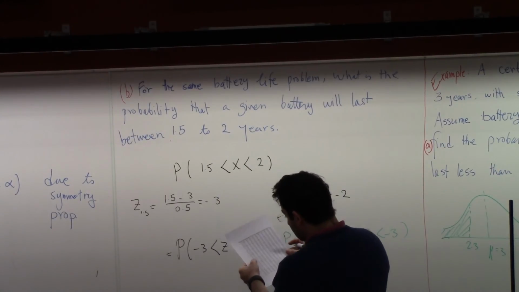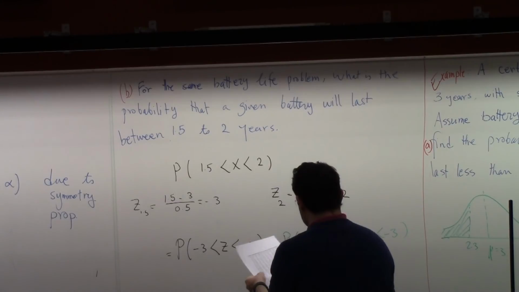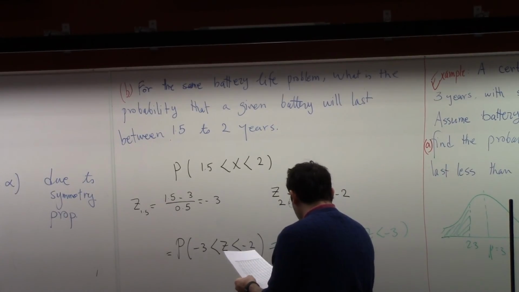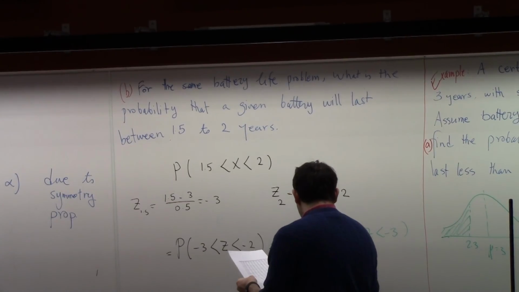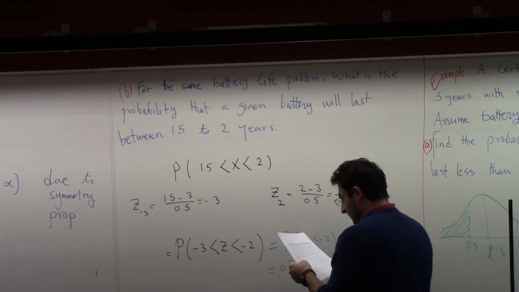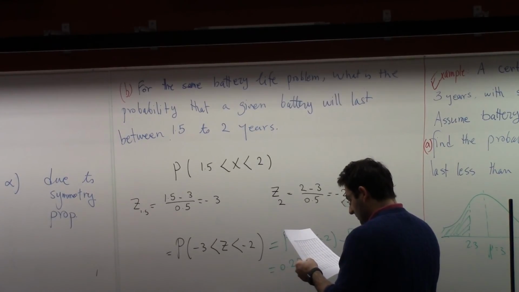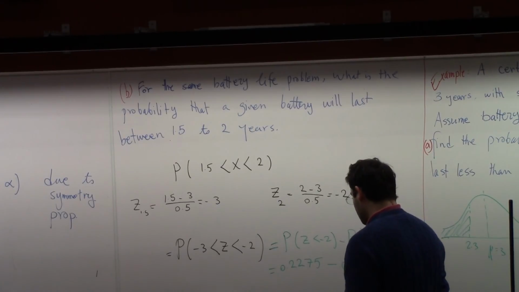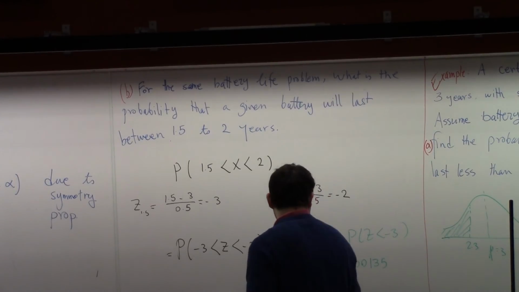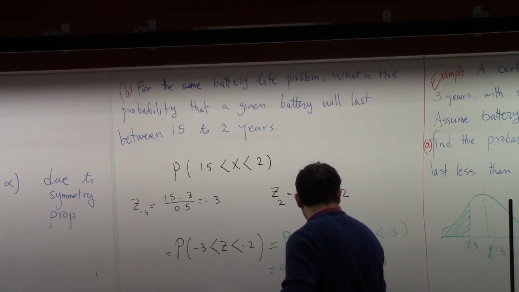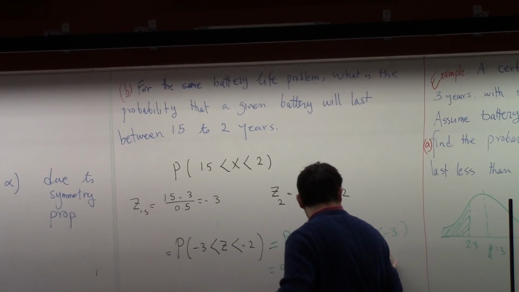From the table, minus 2.00 is 0.2275, minus minus 3 is 0.00135, which results into this is 0, this is 4, this is 1, 1, 2, 3, 4, 5, 1, 2, 3, 4.